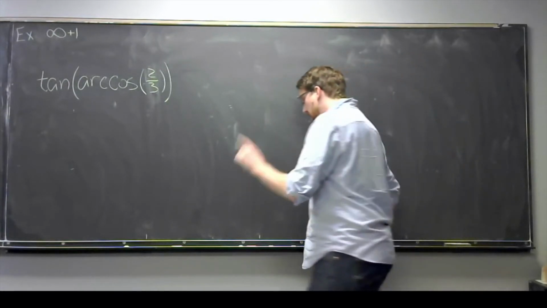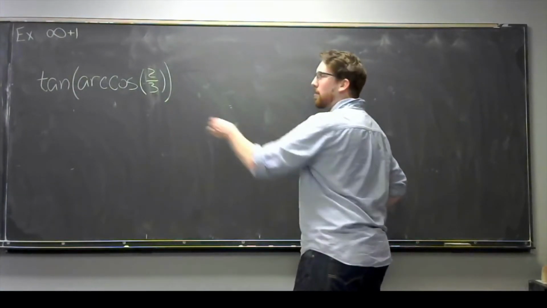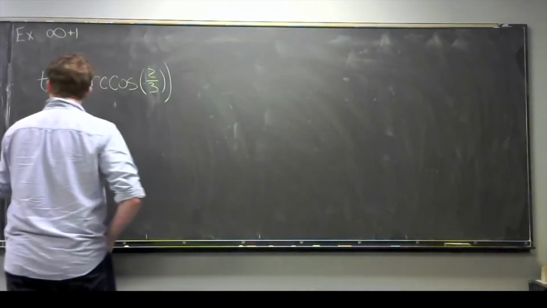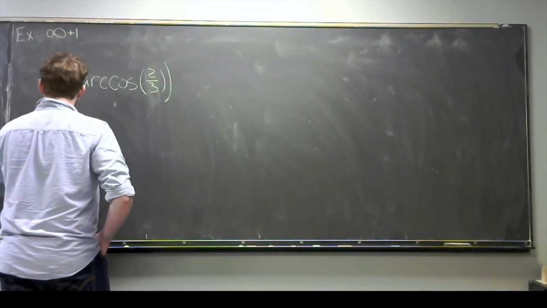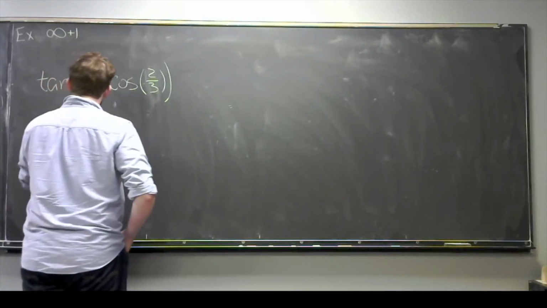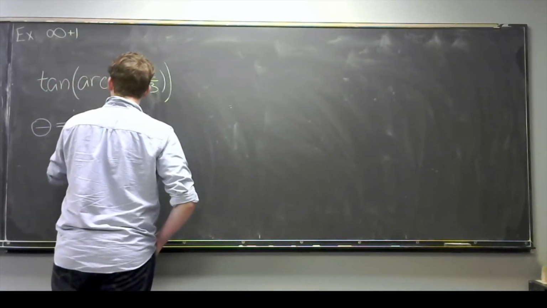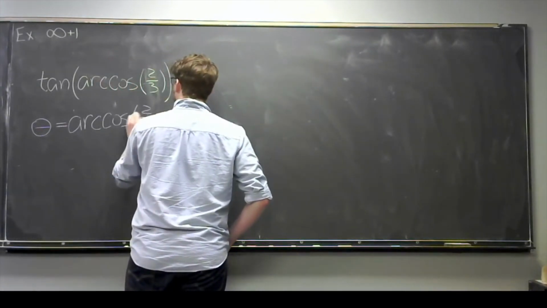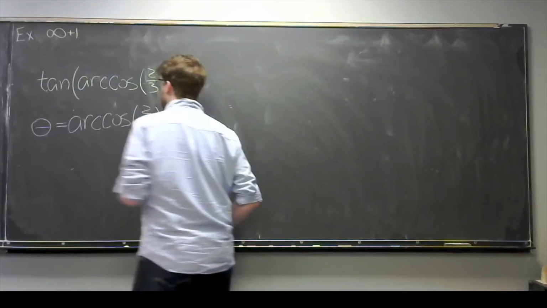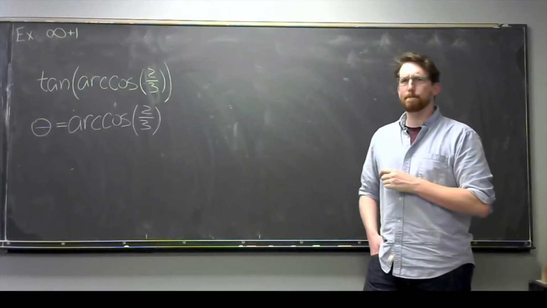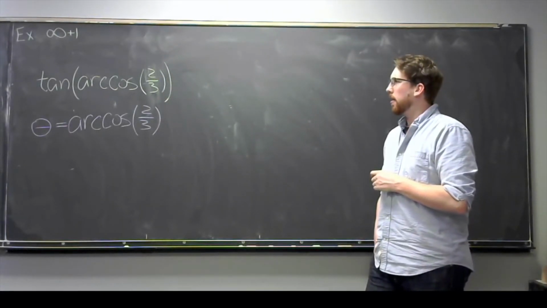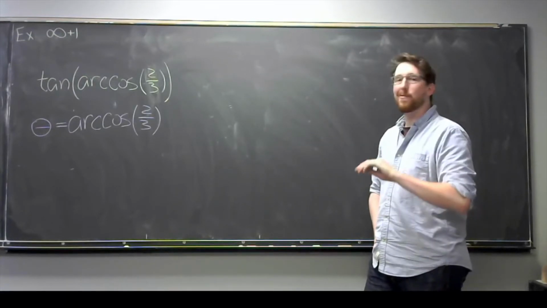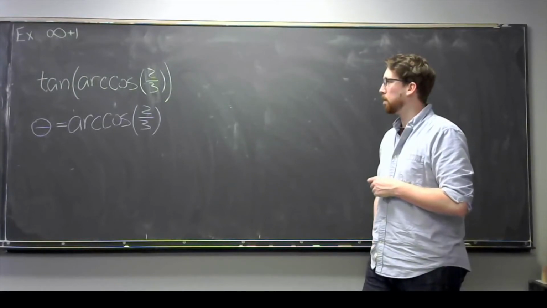Well, first thing we want to do is find out what the arc cosine of 2 over 3 is. I don't have that memorized. I have no idea what that is.